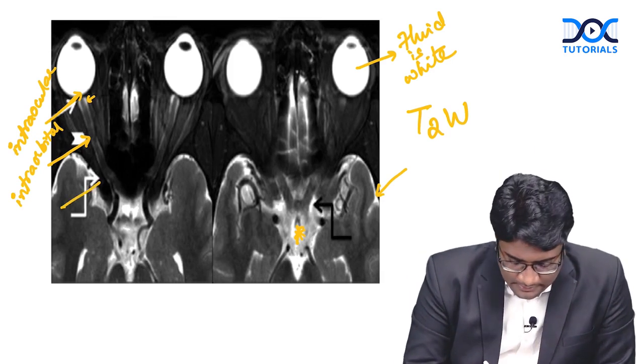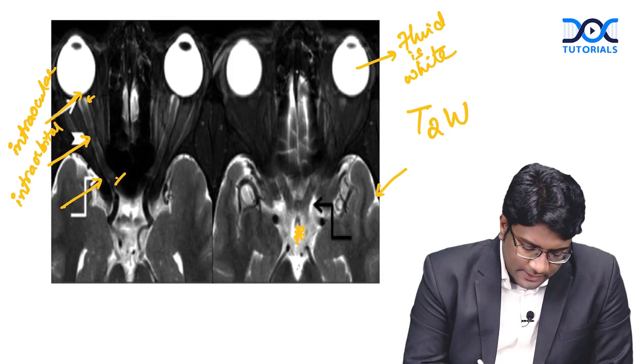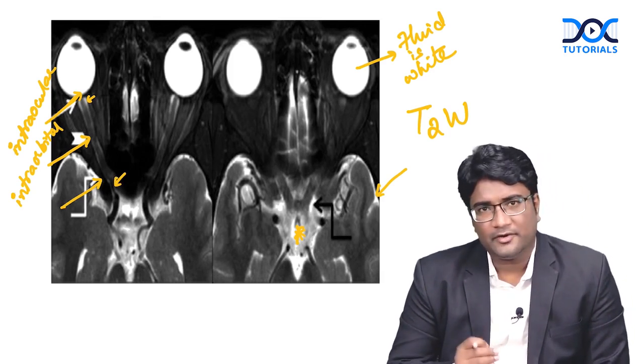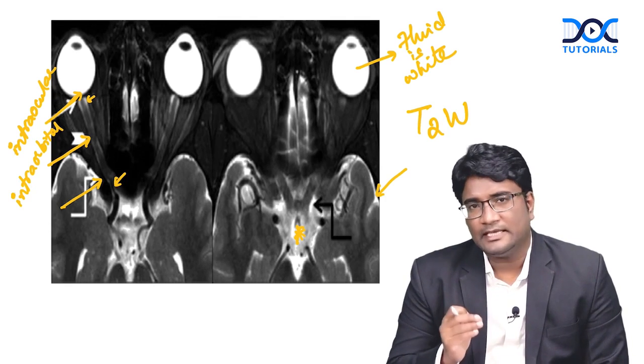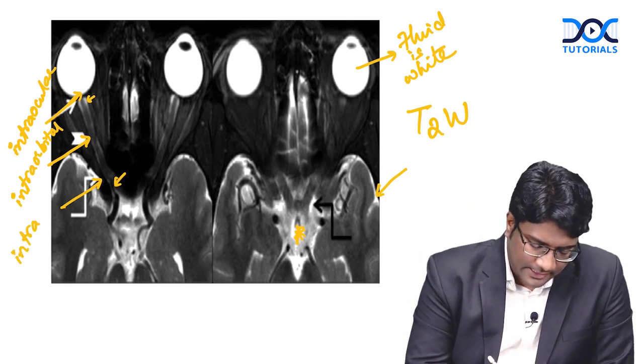Then here, near the bony optic canal, along with the branch of the internal carotid, that is the ophthalmic artery, the optic nerve passes in the bony optic canal, and this is your intracanalicular part.